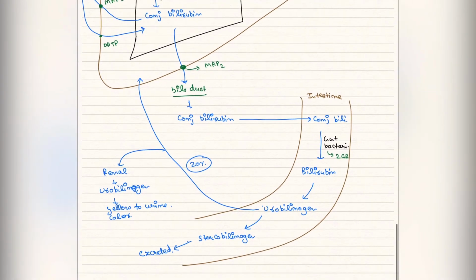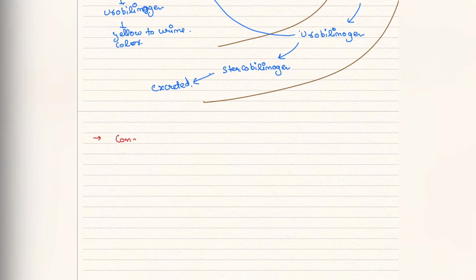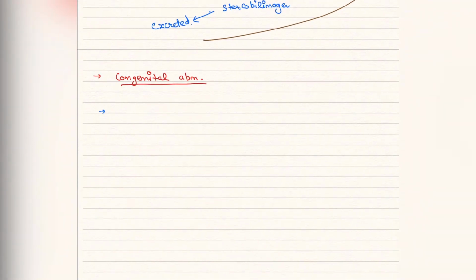Now we are going to discuss the abnormalities. Basically any mutation in the receptors, or any other cause, can lead to abnormalities in this pathway. There are many congenital abnormalities we are going to discuss. First of all is Gilbert syndrome.